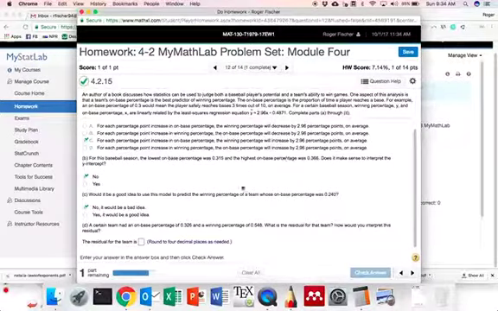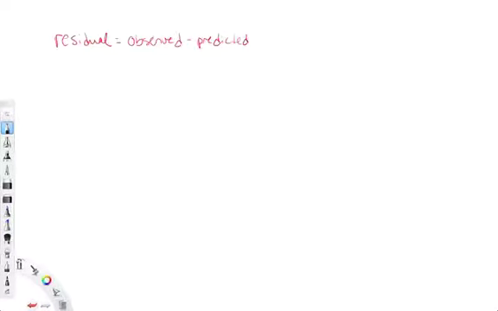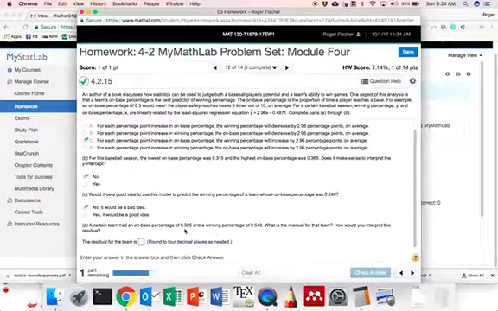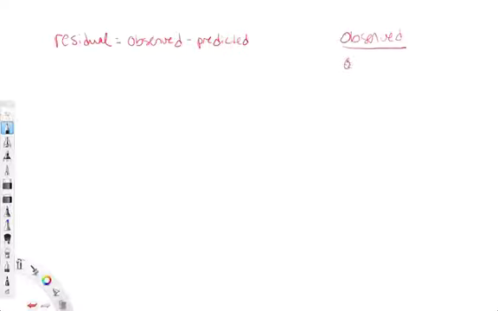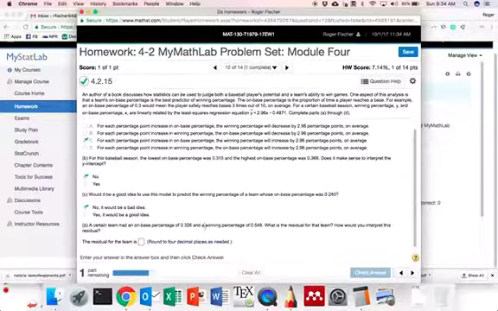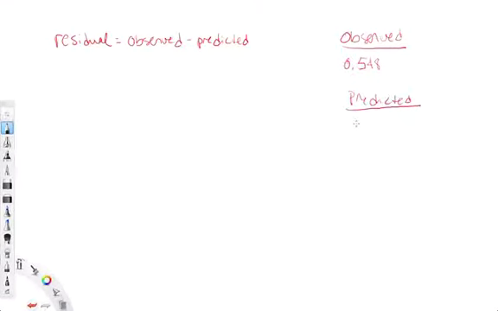The observed value is given to us as a winning percentage of 0.548. The predicted value is what we get when we substitute this on-base percentage into the model.